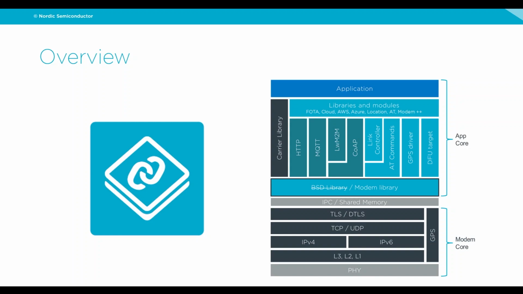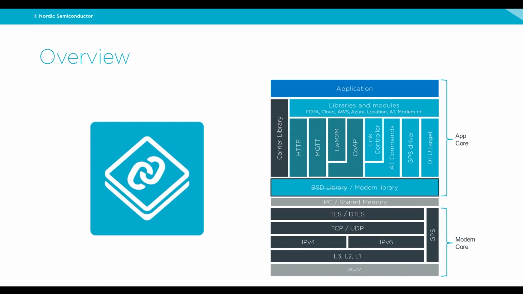Above these sockets, we have the internet protocols, or the middleware. This is basically using the generic sockets that we talked about to implement internet protocols like HTTP, MQTT, lightweight machine-to-machine, CoAP, and more. Then in addition to that, we have what I call the ease of use utilities.